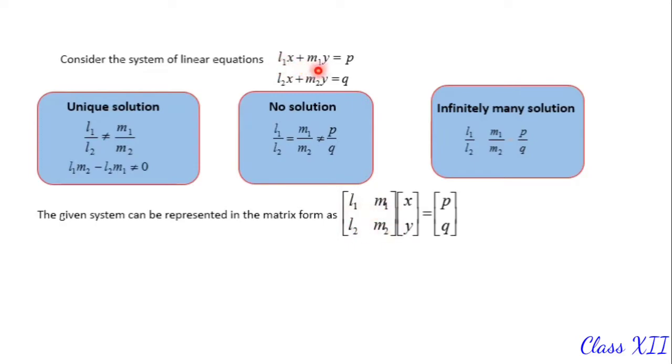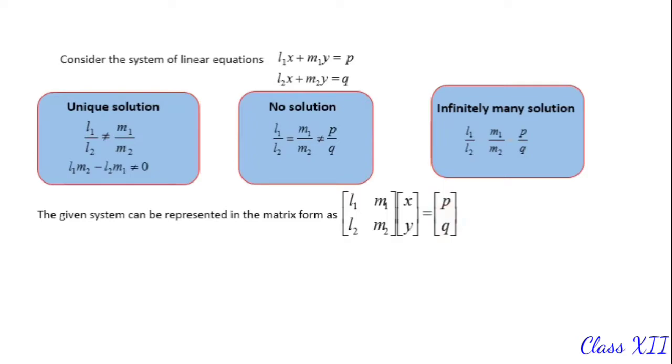In the second column matrix, we write the variables x and y. And on the right side of the matrix equation, we write a column matrix which contains the constants.